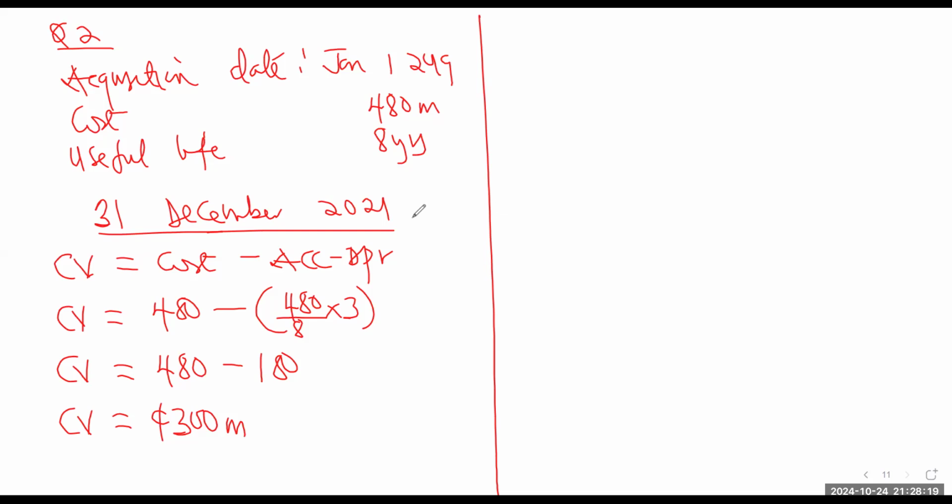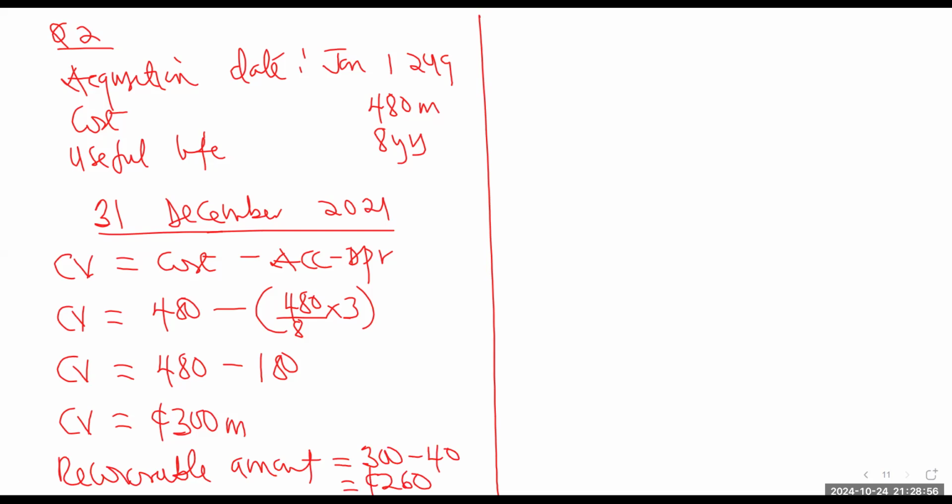So the recoverable amount will be 260, isn't it? Because impairment is calculated as the carrying value minus the recoverable amount. So if the carrying value is 300 and the impairment is 40, we subtract 40 from 300, and that gives us 260.